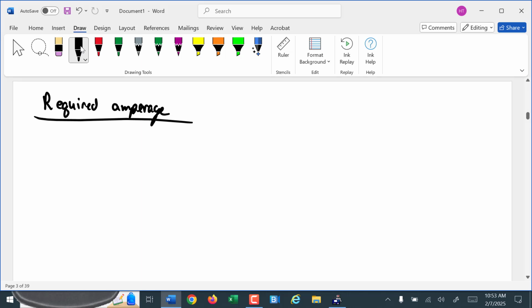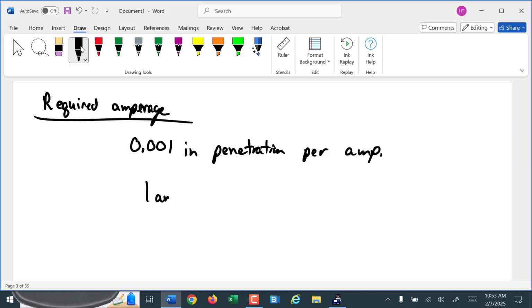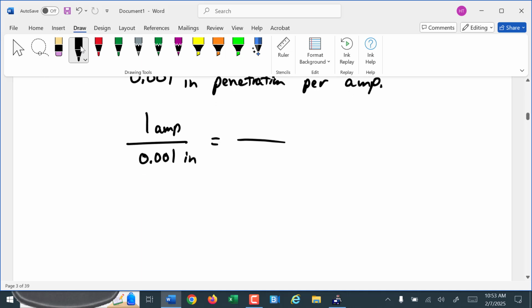The relationship is 1/1000th of an inch of penetration per amp. So it's going to be 1 amp over 1/1000th of an inch. And we're going to use that in a proportion to find required amperage or penetration for a given amperage.